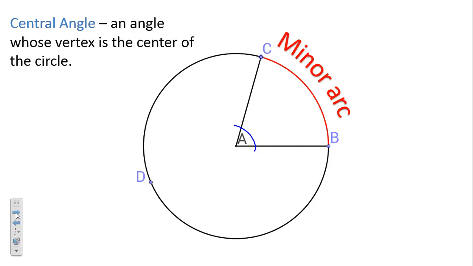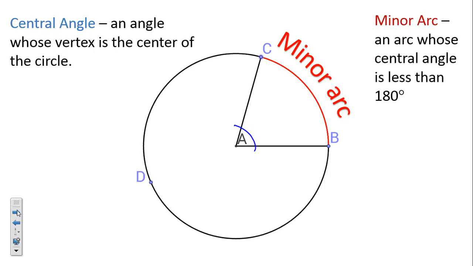A major league baseball team has a much bigger amount of money to devote to their talent. So a minor arc is an arc whose central angle is less than 180 degrees.